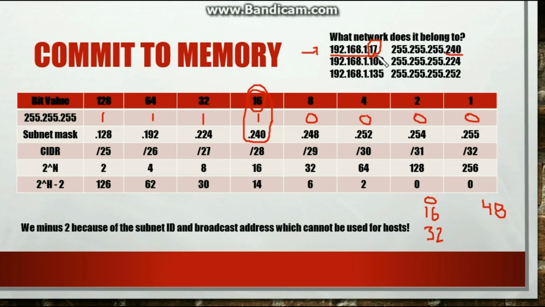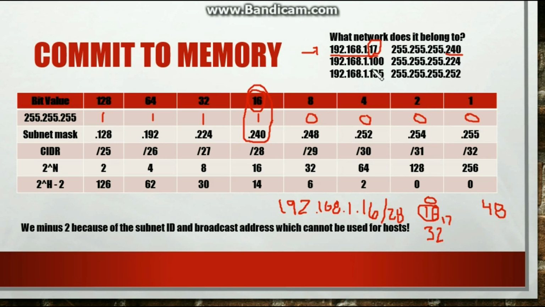So it shows a 17. So 17 is 1 above 16. So let me write 17 right here. So this IP address belongs to this network, the 16. So it'll be 192.168.1.16. And don't forget the subnet mask, so that'll be a /28.